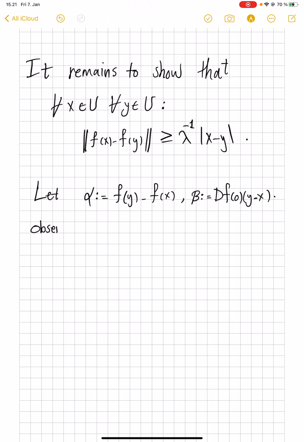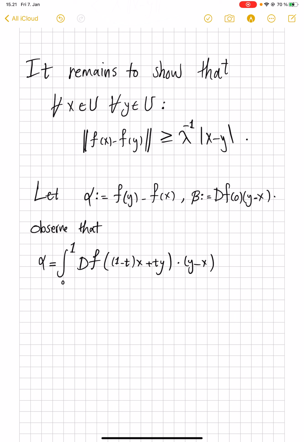So observe then that alpha is the integral from 0 to 1 of, by the fundamental theorem of calculus applied to the line segment from x to y, df of the parameterization of the line from x to y, x plus t times y minus x.